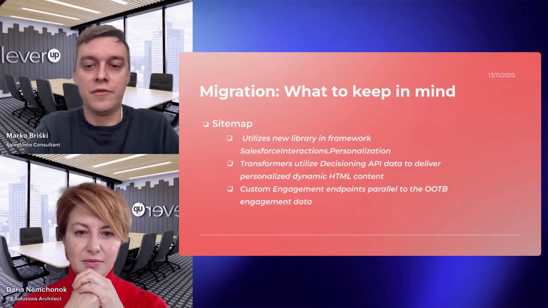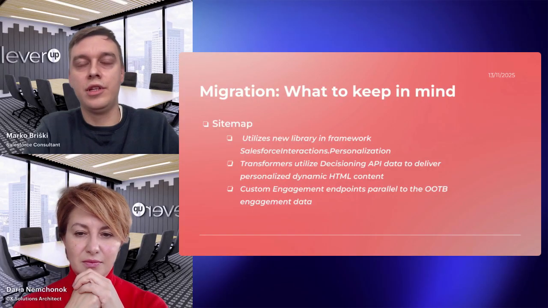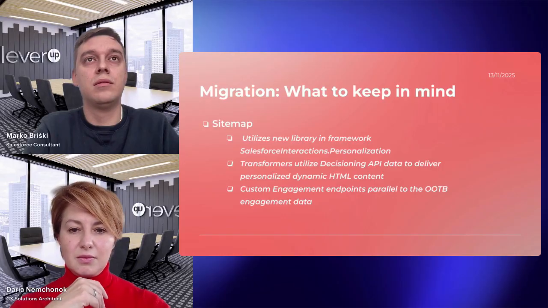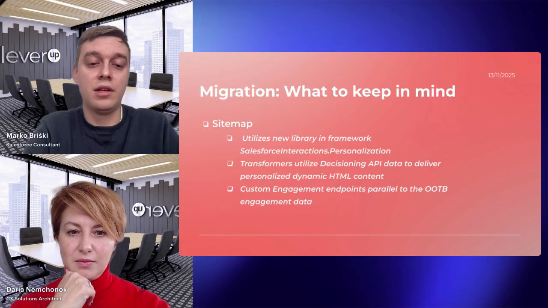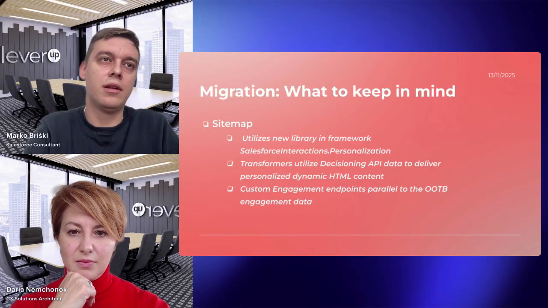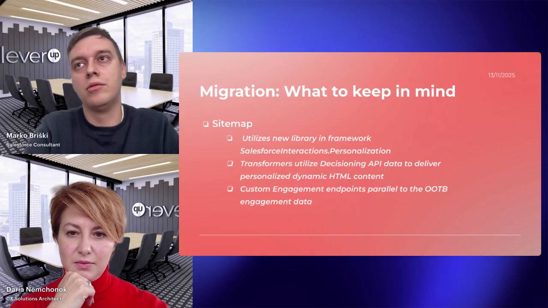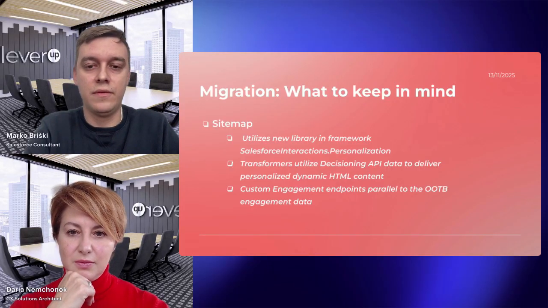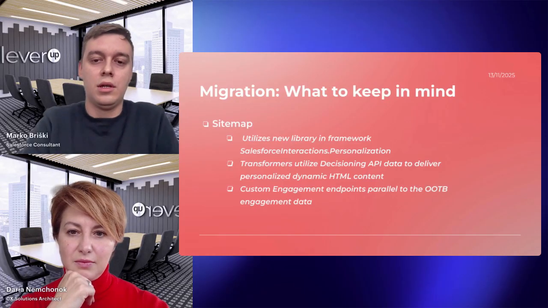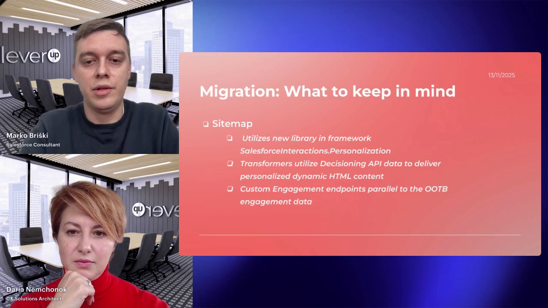So probably some of the functions are new or different, but most of the sitemap is still the same as Marketing Cloud Personalization. I would say around 70 to 80% of the sitemap can be reused, but we always have to be careful to check that all the methods work properly inside the new personalization library.